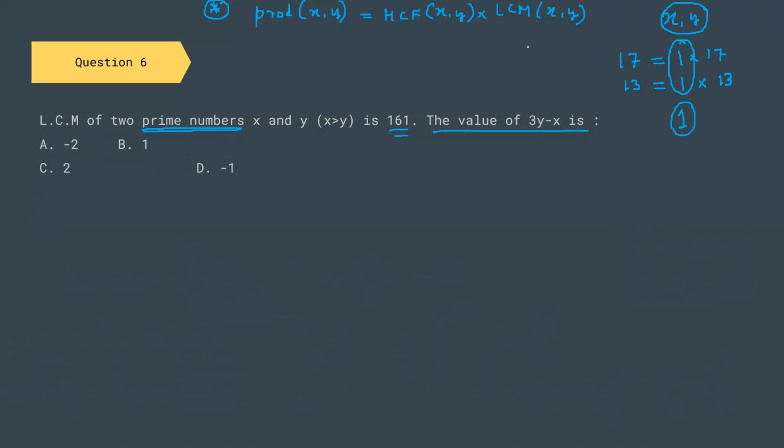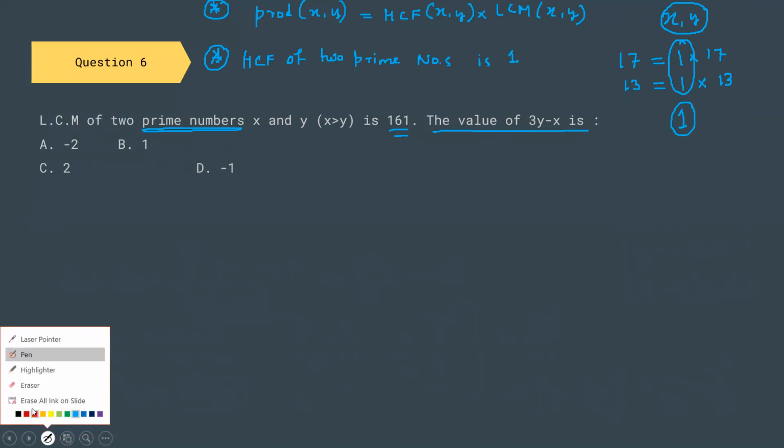So actually, this is an important theory, or you can say an important conclusion. HCF of two prime numbers is 1 always. HCF of two prime numbers has to be 1.